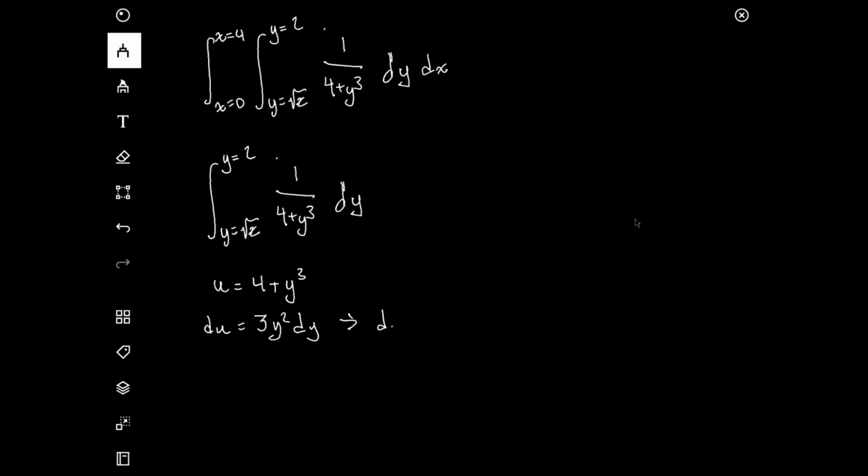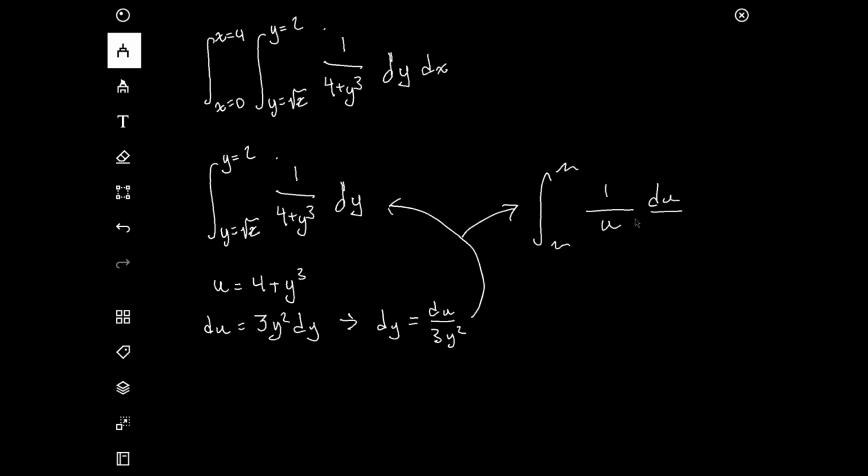This means that dy is equal to du over 3y squared. Now, if we try to substitute that back in here, then what we get out of that is some set of limits for the function 1 over u du over 3y squared.